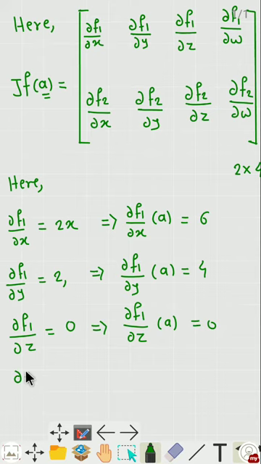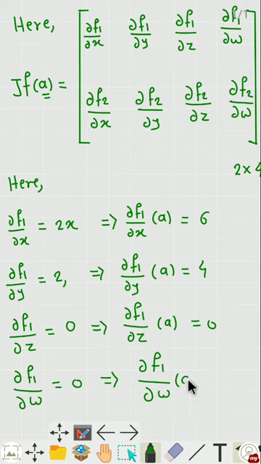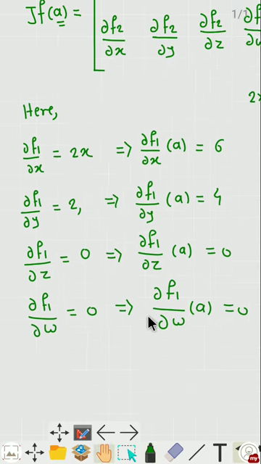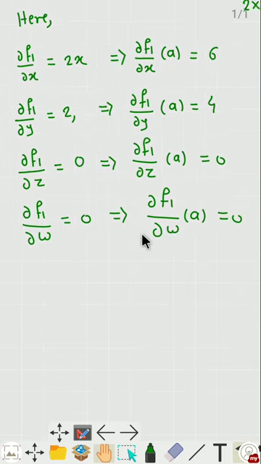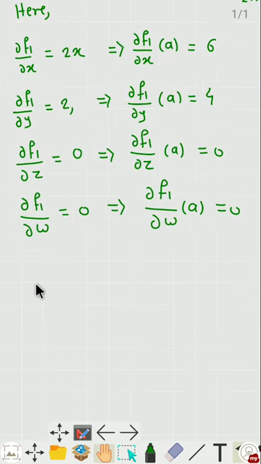Then dou f1 by dou w is again 0, and its value at point A is again 0. So these are the derivatives in the first row.